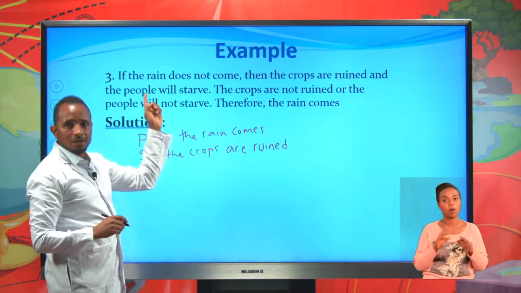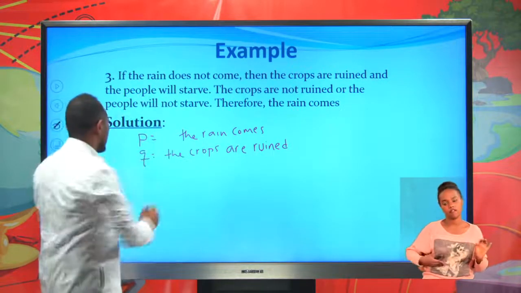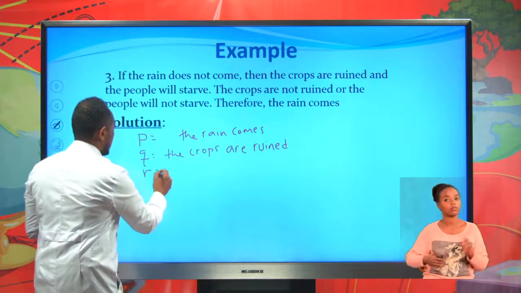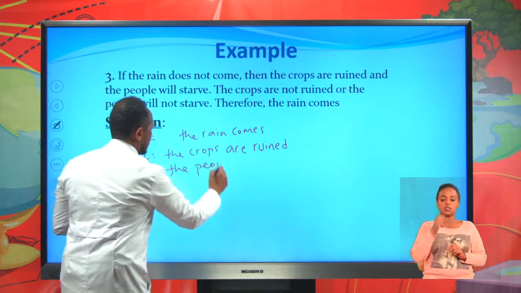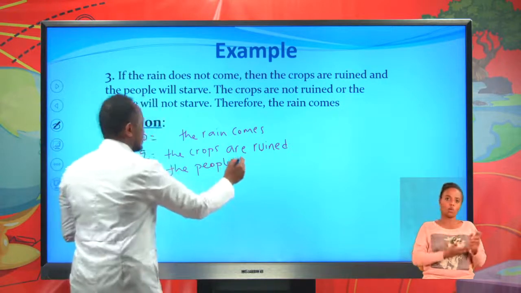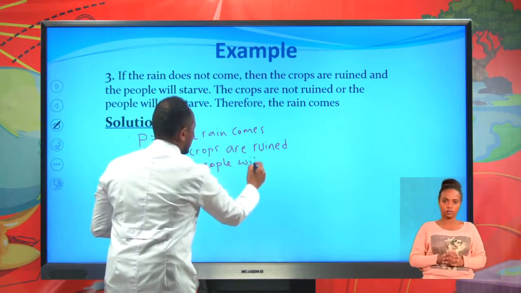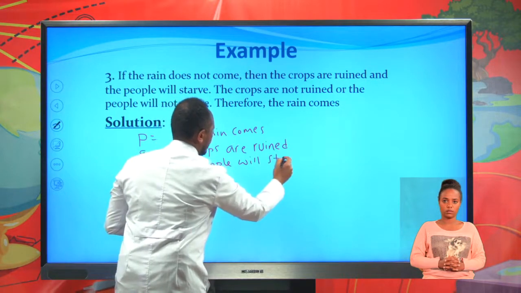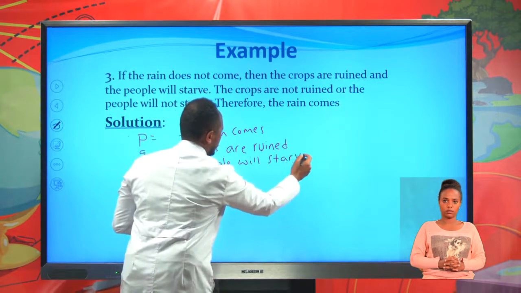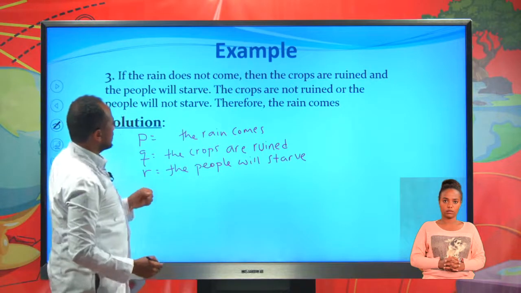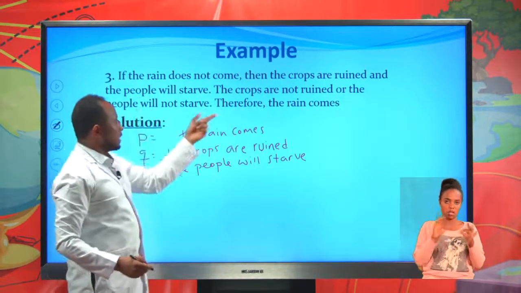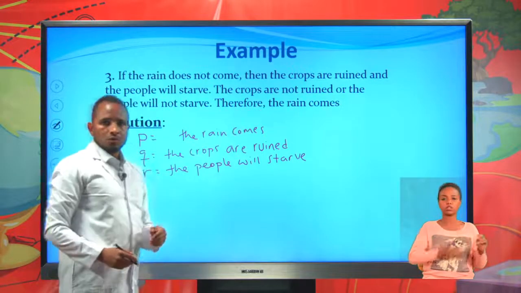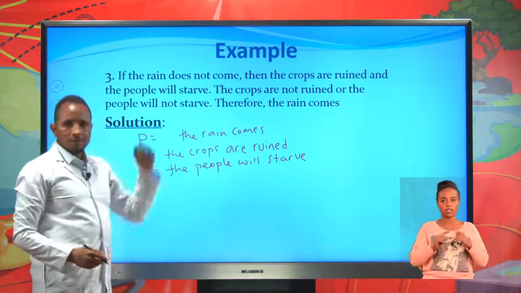The people will starve. Let's assume R is the people will starve. Okay, now the crops are in the same statement. The people will not starve, therefore the rain comes. So we have given a symbol for each statement there.